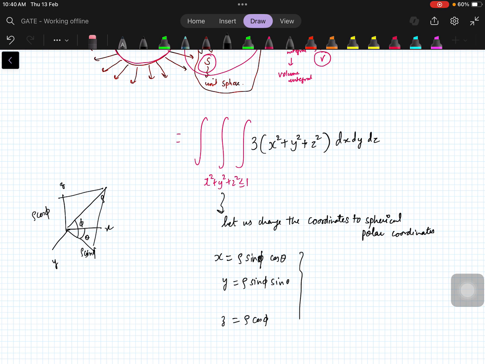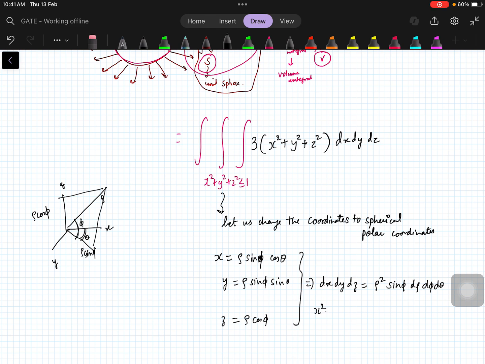This is the transformation. Sometimes people call theta this angle and phi this angle, it doesn't matter. From here you can find that dx dy dz is equal to rho square sine phi d rho d phi d theta, I'm not deriving it here.